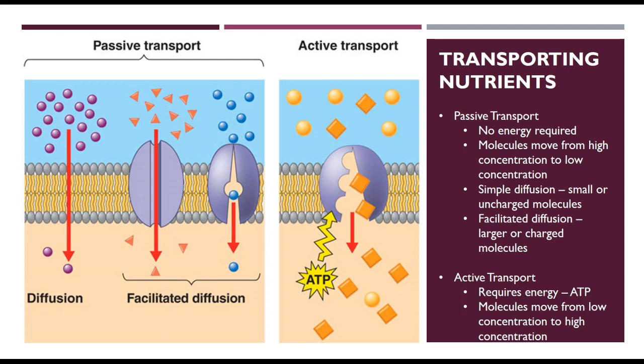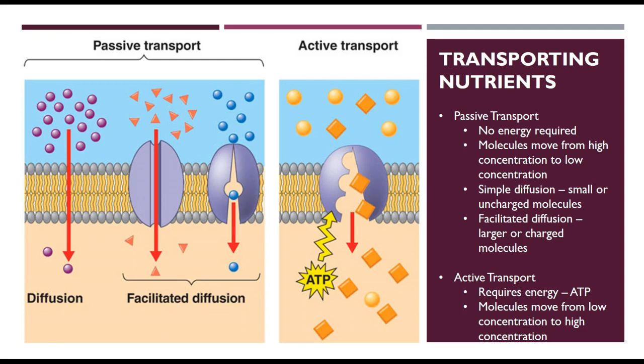And there are a couple of ways that they can do that, either passively without the use of energy or actively. And in this way, they have to spend some energy in order to get these nutrients that they need. In passive transport, molecules are moving in the natural flow of the concentration gradient. We call this diffusion.